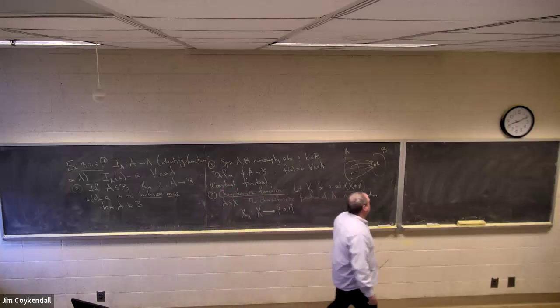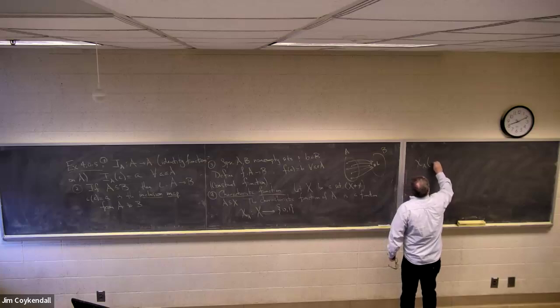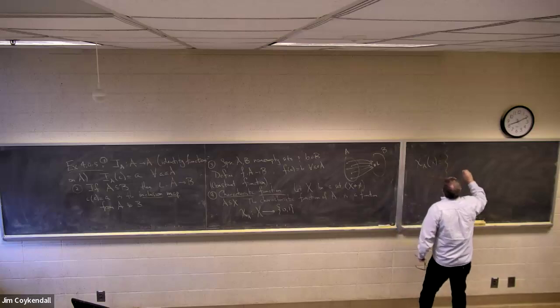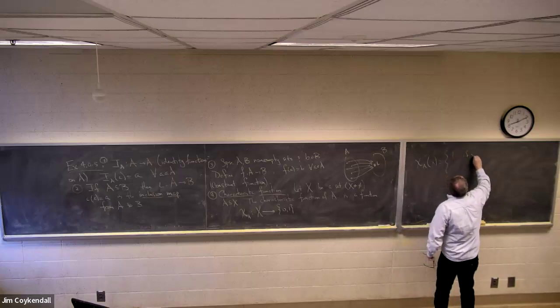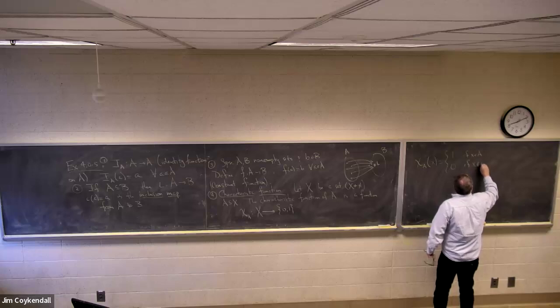And here's the way this works. Chi A of x is equal to 1 if x is in A, 0 if x is not in A.